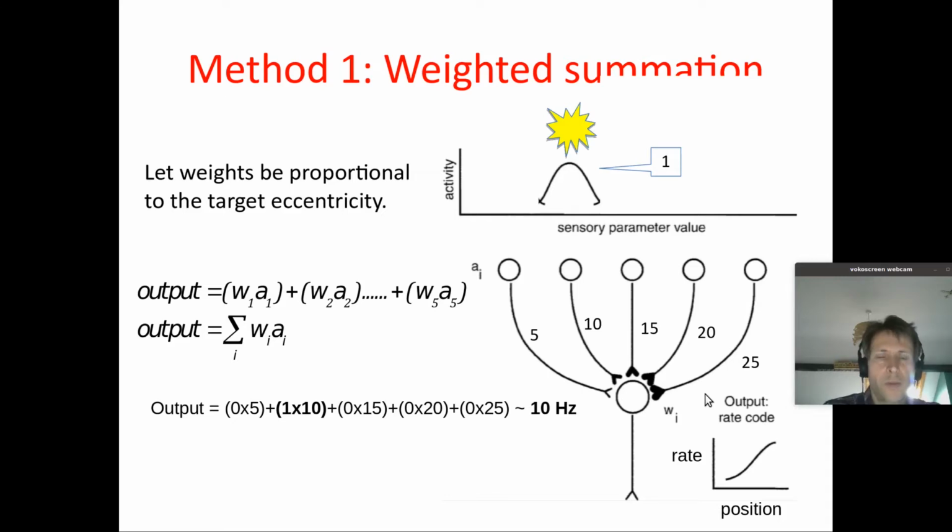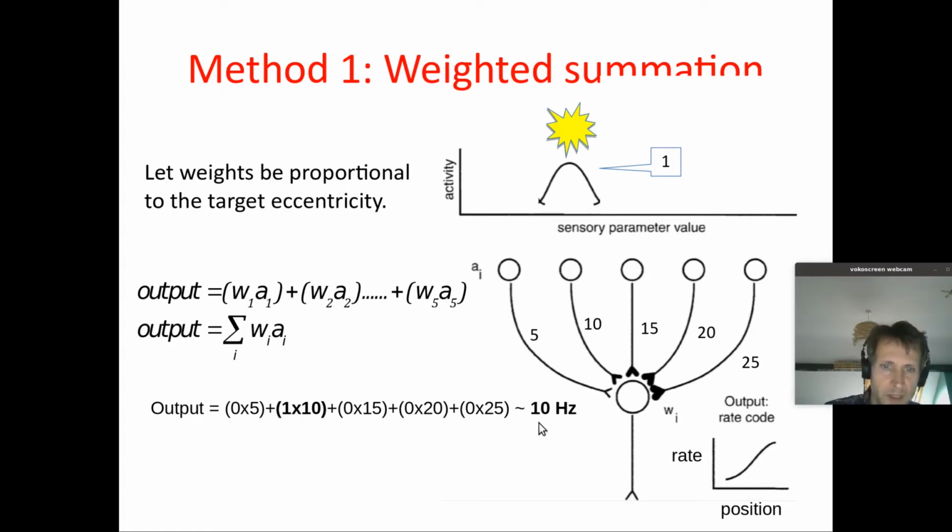So we can apply the same sum if the stimulus is at 10 degrees. In this case, we're going to have 0 times all of the weights, except for 1. Our stimulus size is still 1. We have 1 times 10, which is the weight of the second neuron.